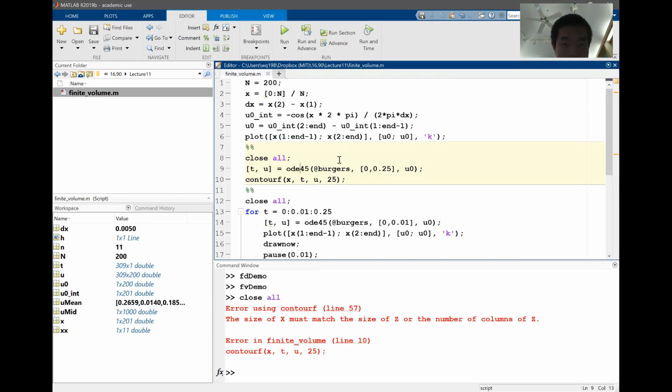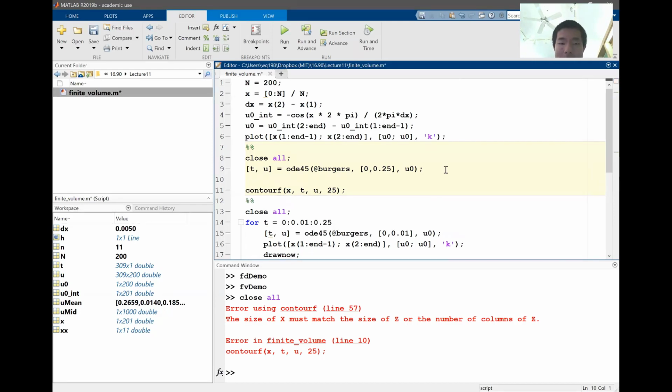Oh, right. Because the number of u's in the spatial domain is 200, as you can see from here, but our x actually has one more entry than the number of averages. So we can't use this as the contour.